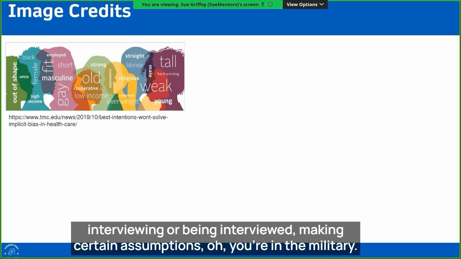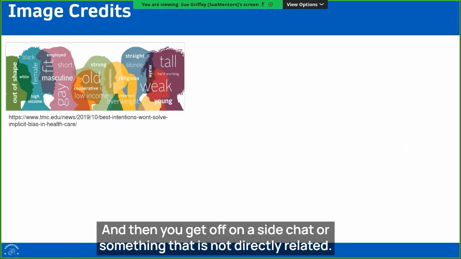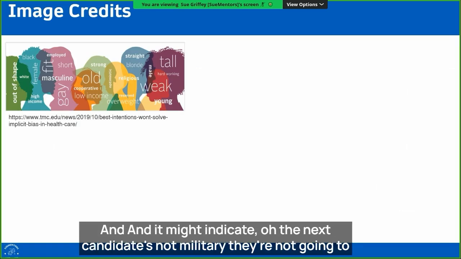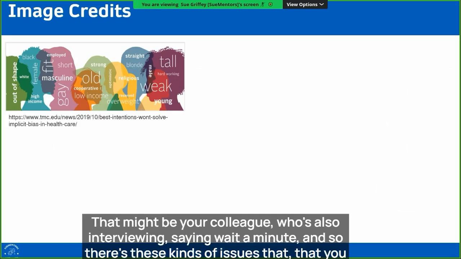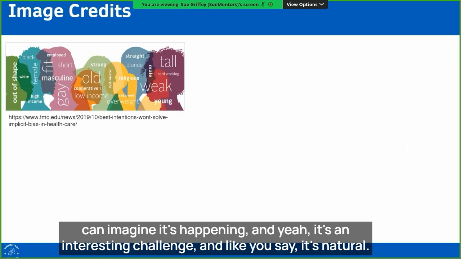Oh, you're in the military. Okay, you get off on a side chat that is not directly related. And it might indicate, oh, well, the next candidate's not military, they're not going to get the same kind of treatment, therefore they're lower down the totem pole. That might be your colleague who's also interviewing, saying, well, wait a minute. So these are the kinds of issues you can imagine happening.